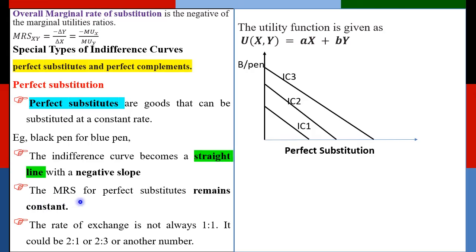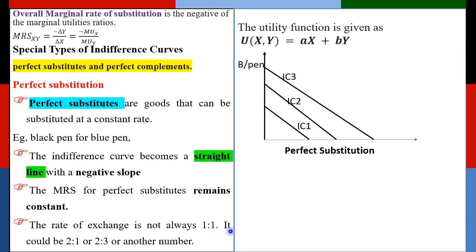The marginal rate of substitution for perfect substitutes remains constant. It never changes. For example, when it is 2 at this point, throughout it is 2. When it is 3 at this point, on each point it is the same number. The rate of change is not always a 1-to-1 ratio.